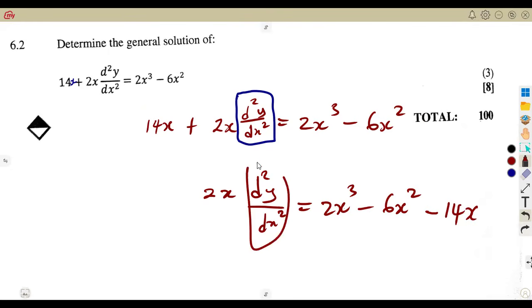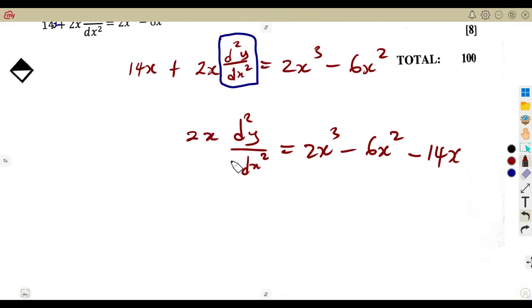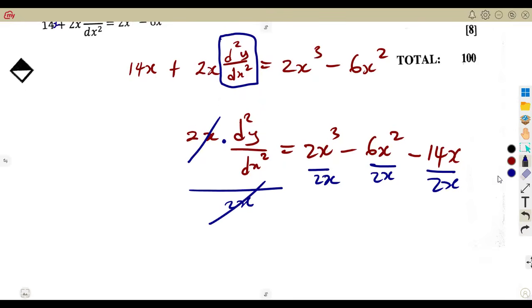We still need this. So what is affecting this? A product there of 2x. So you can simply remove this by dividing each and every term by the 2x that we are seeing. So this can cancel, and we have the second derivative of y with respect to x.